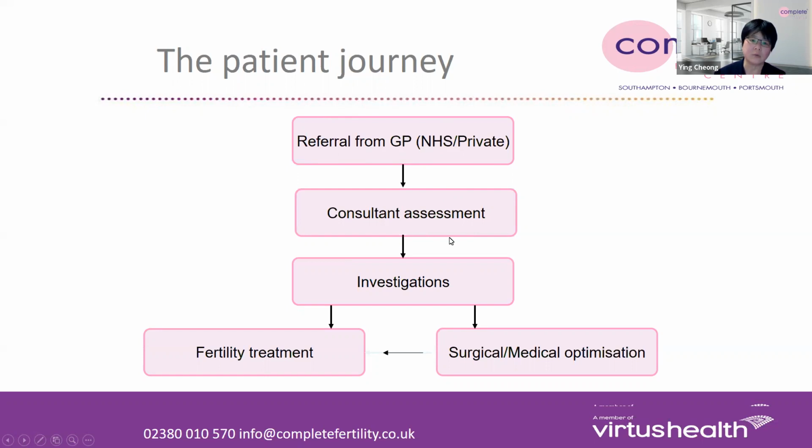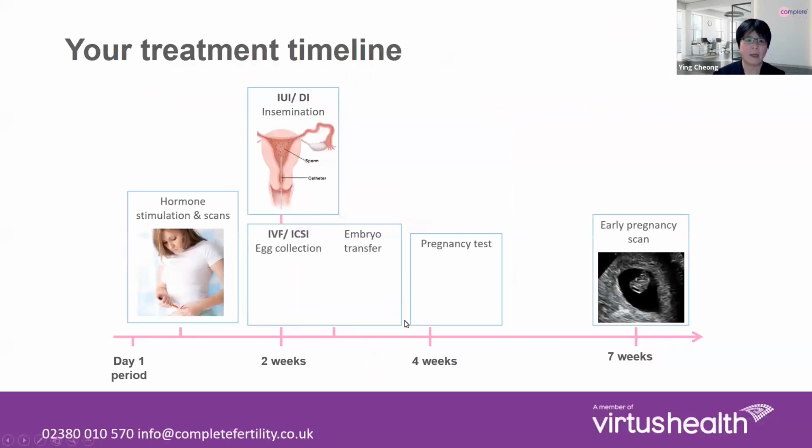Our consultants will look at your condition and, of course, take a detailed history, as I explained earlier, and then investigate with the right investigations to check, and then whether you need medical surgical optimization before fertility treatment, or some patients go straight to fertility treatment. It all depends on the individual situation, okay?